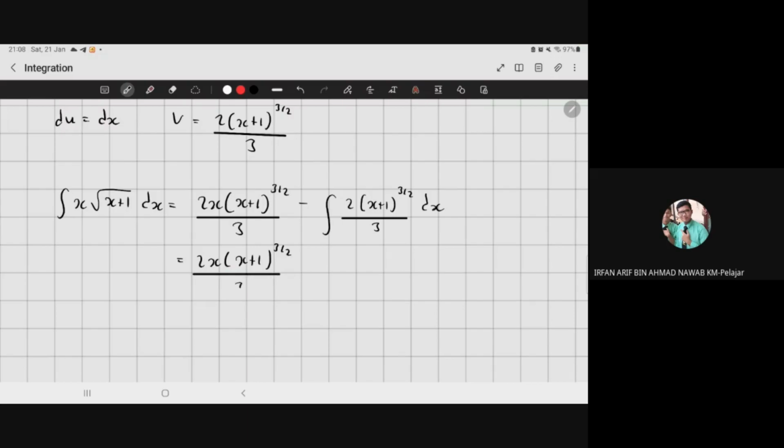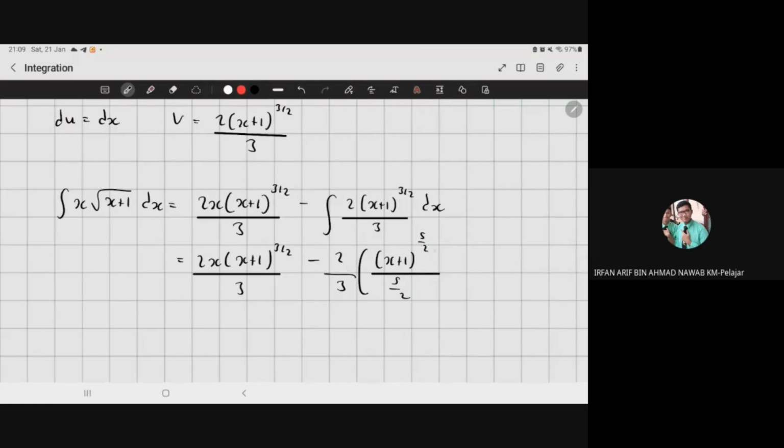Okay, let me just write this. Minus, it will be 5 over 3, and then flip it, you will get 2 over 3 x plus 1 to the power of 5 over 2 divided by 5 over 2 plus c.